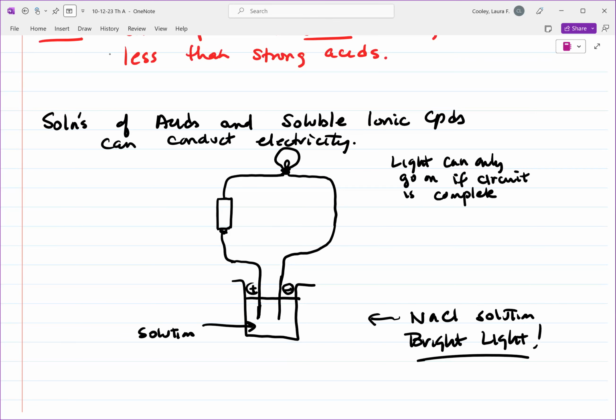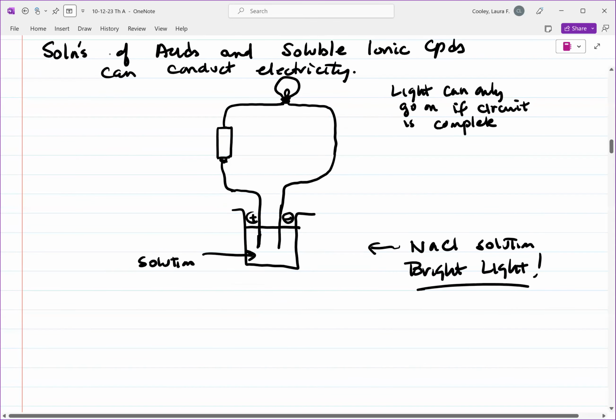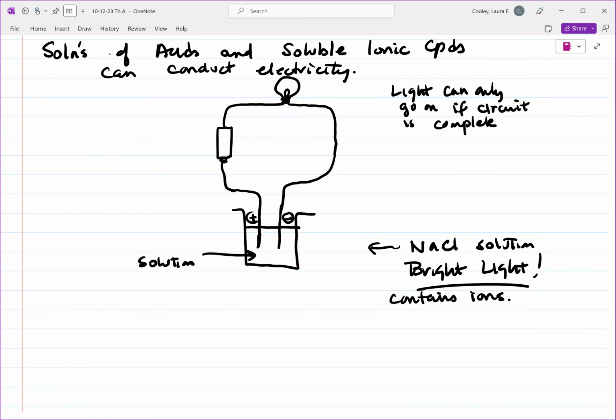And why is that? Because sodium chloride contains ions, and ions carry charge in solution. They go in different directions, and they carry electricity. They allow electricity to flow. And so the light goes on.